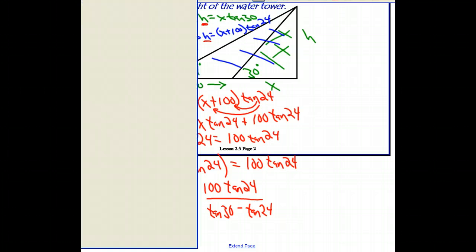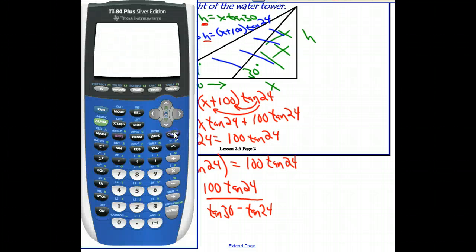Pop that into our calculator. 100, let's clear that old problem out. 100 tangent 24 divided by, and I've got tangent of 30, close my tangent parenthesis, minus tangent 24, close both parentheses, and there we go, 337.